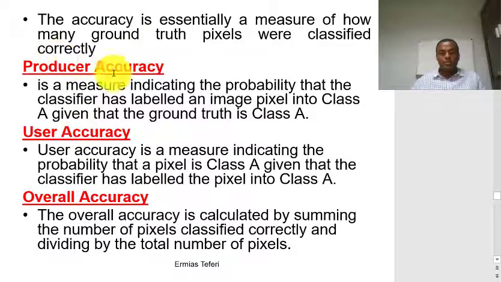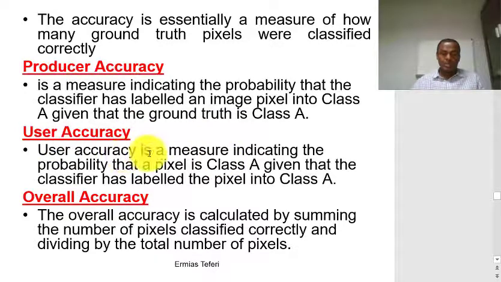Producer accuracy is usually calculated by comparing the correctly classified pixels of a class over the column total, while user accuracy is calculated by dividing the correctly classified pixels of a class over the row total.